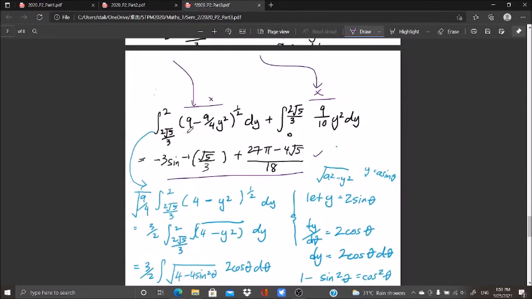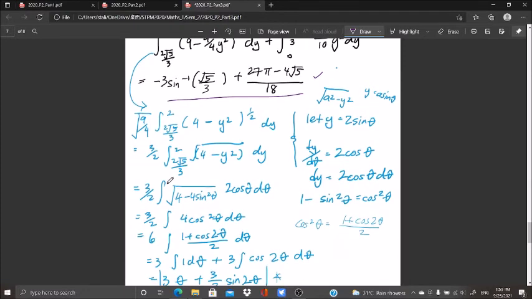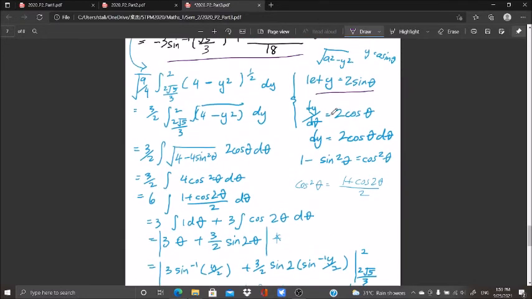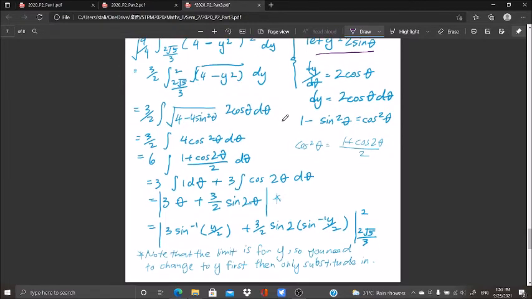So how do I integrate this term? 9 minus 9 over 4 y squared, such of this thing. I will get the square root of this thing, and I need to use the substitution where y equals to 2 sine theta. After that, I will obtain the integration of 4 cos squared theta d theta.